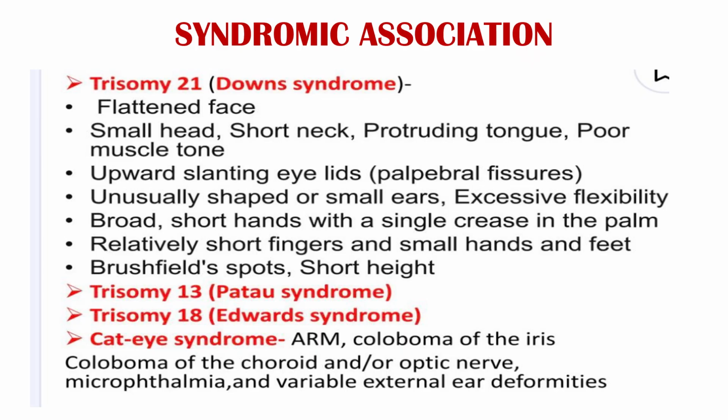Many syndromes can also be associated with anorectal malformations, like trisomy 13, trisomy 21, trisomy 18, and cat eye syndrome, which includes ARM, coloboma of iris, coloboma of choroid, optic nerve, microphthalmia, and variable external ear deformities.